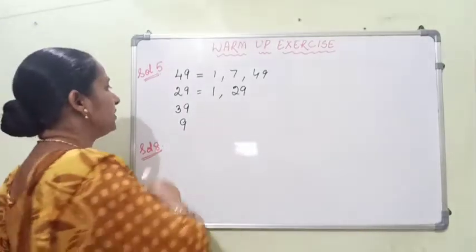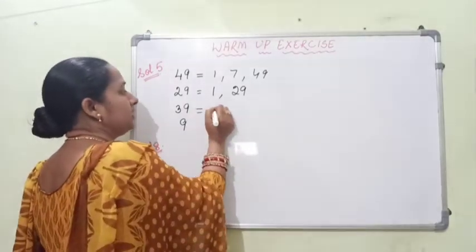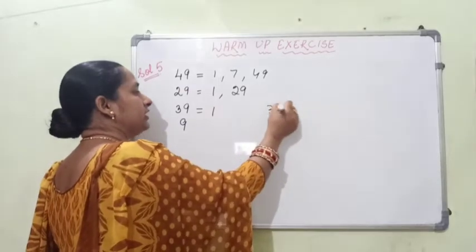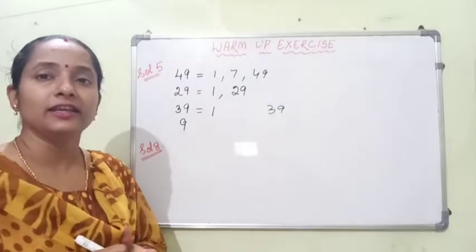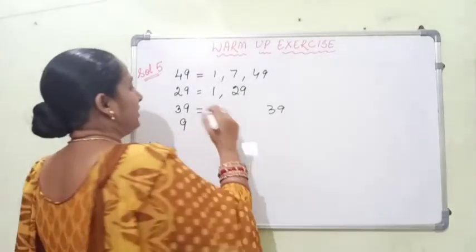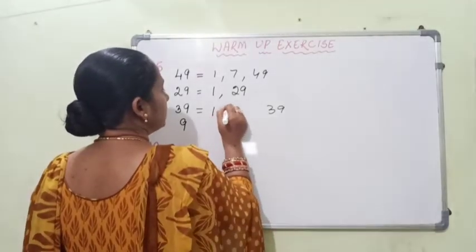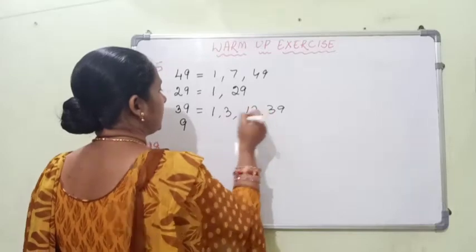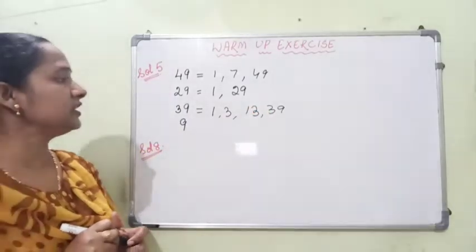Then comes the number 39. 39 is divisible by 1 and 39 as well. 39 is also divisible by 3. How many times will it go? 3 13s are 39.